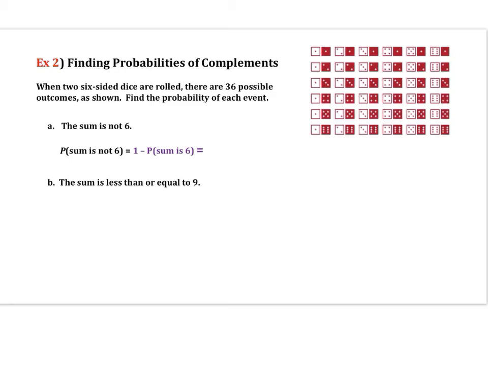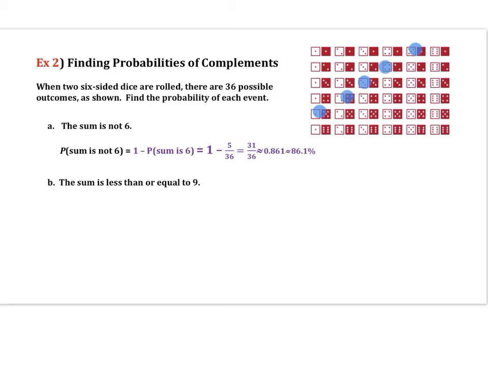And we have 1, 2, 3, 4, 5 possible out of 36, which simplifies: 1 minus 5 out of 36 is 31 out of 36. And that becomes decimal .861, or approximately 86.1%.